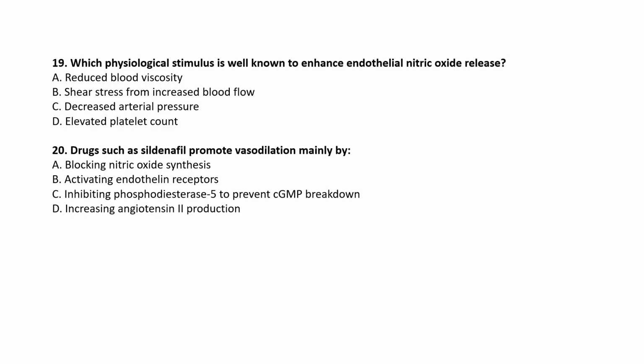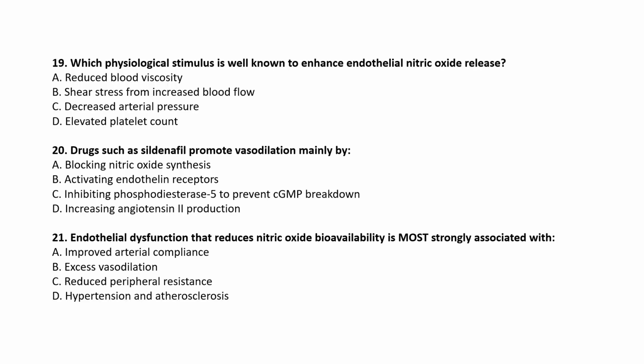If we have excess of this enzyme degrading cGMP, then we're not going to have a continued vasodilation. So if we inhibit it, then cGMP persists for longer, which allows vasodilation to persist for longer, which allows blood to flow for longer. And if you know what sildenafil is, it's Viagra, so you know where the blood is going. Okay, so let's go to the next question.